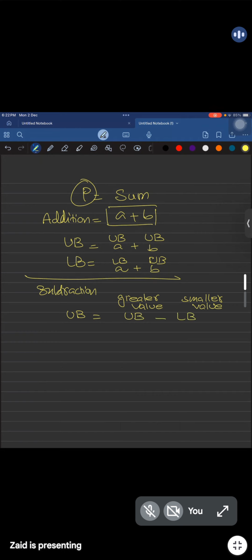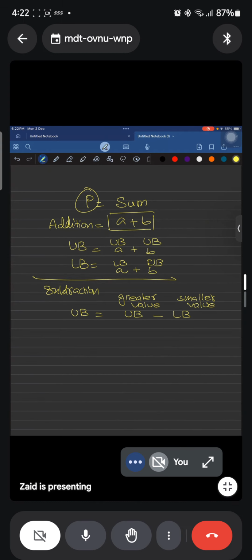That is going to give you the upper bound of the subtraction. All of you are getting this? Yes, sir. If you're supposed to find the lower bound, take the lower bound of the greater value and the upper bound of the smaller value. That is going to give you the lower bound of the difference. Okay.